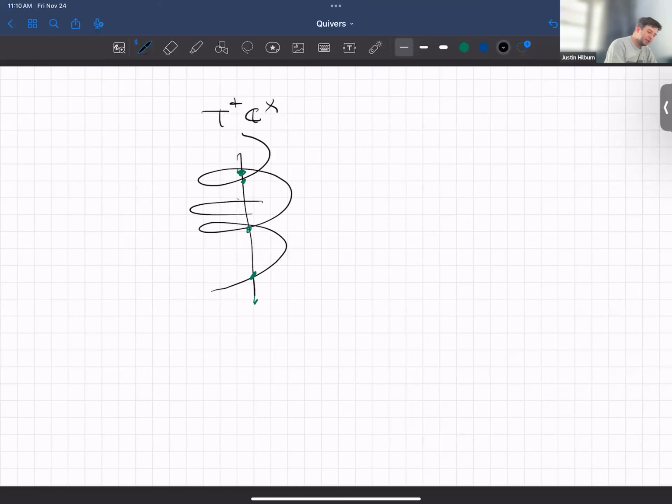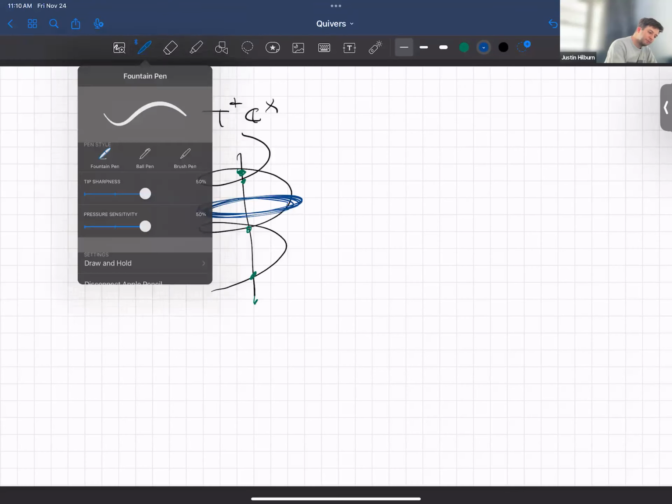And you want this thing to be generated by the thing that's transverse to the skeleton, being the cotangent fiber.